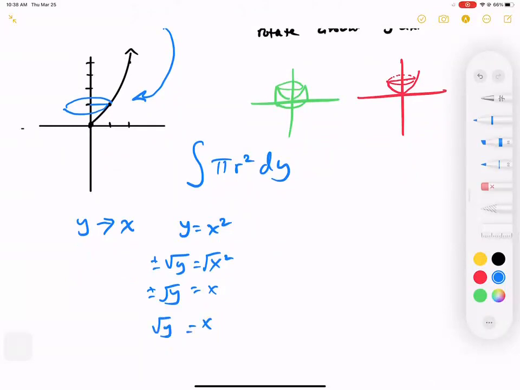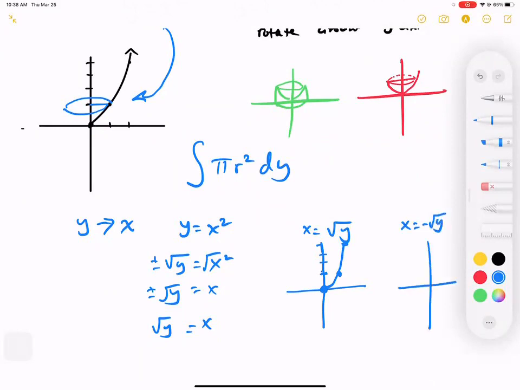Now, just if you guys didn't know this square root of y graph, let's go ahead and plug in some numbers. If y is 0, x is 0. If y is 1, x is positive 1. If y is 4, x is positive 2. So we have this parabola on the right side. If x is negative square root of y, the other graph, let's plug in numbers.